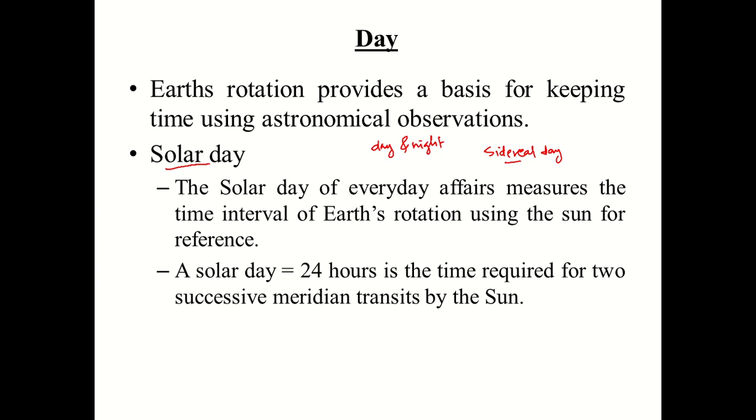That means it is the time required for two successive meridian transits by the sun.